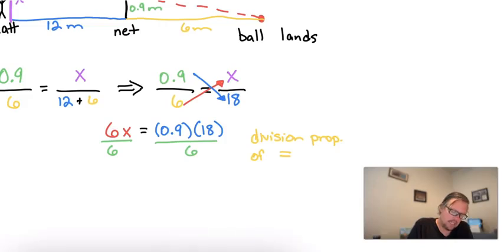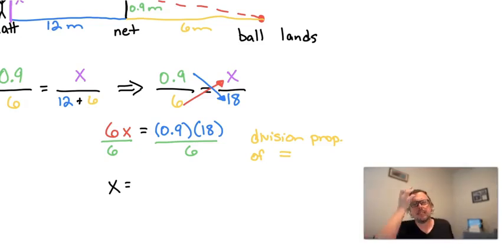Now 6x divided by 6 is just x. With a calculator, we could do 0.9 times 18 divided by 6, and I believe the answer you're going to get is 2.7.